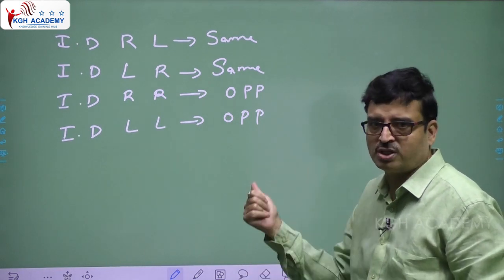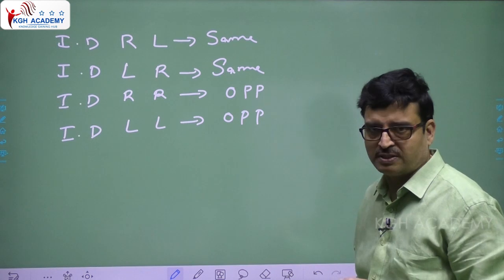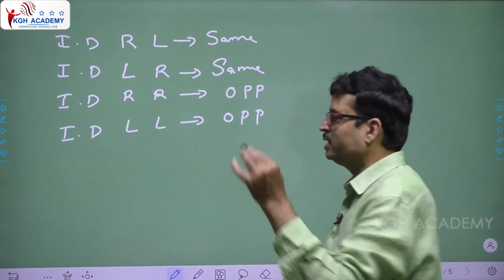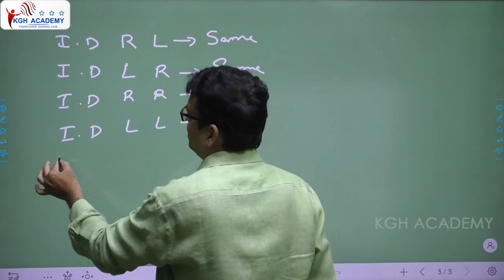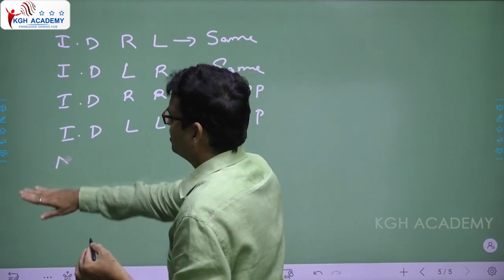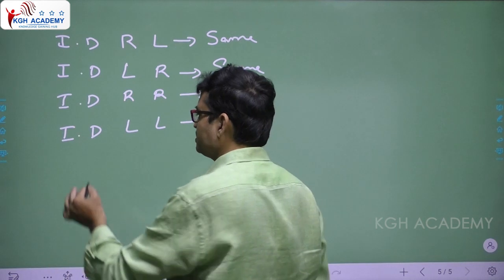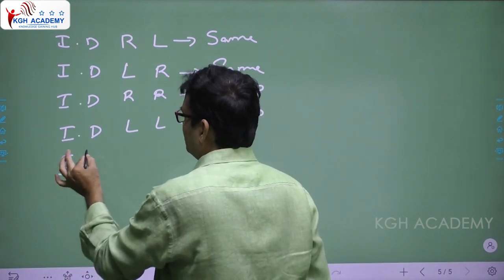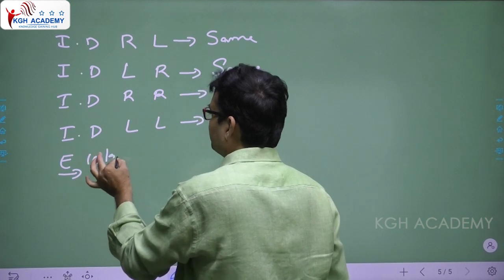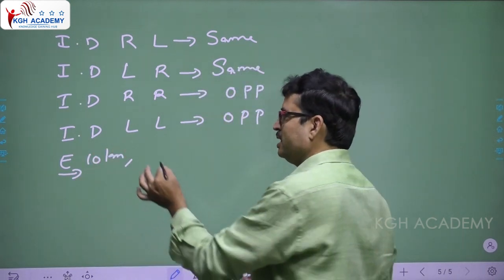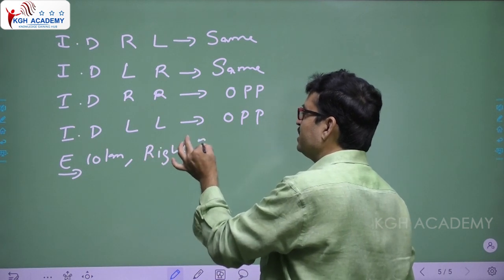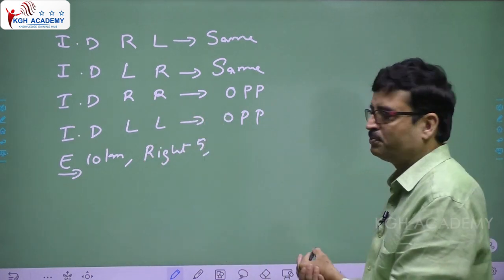In case they ask you a question like which direction is he finally facing, for example, I am going to give you a lengthy question now. Say a person traveled east 10 kilometers. He turned right and traveled 5 kilometers.